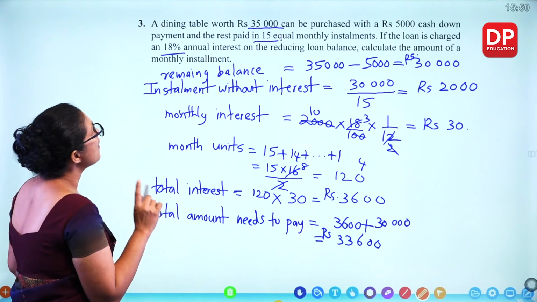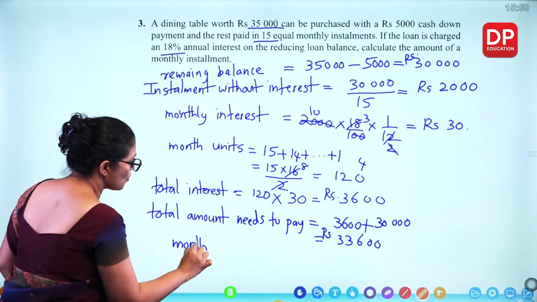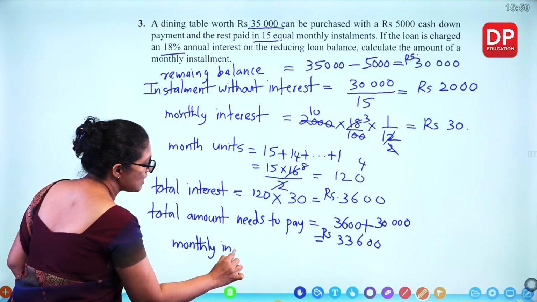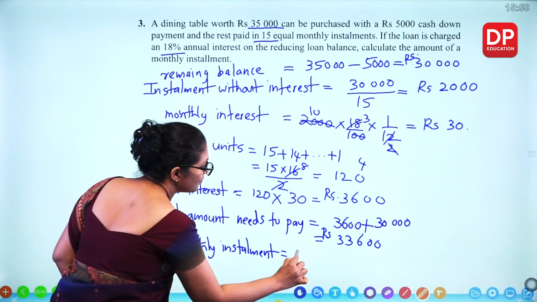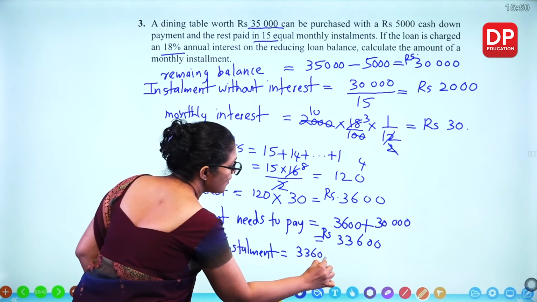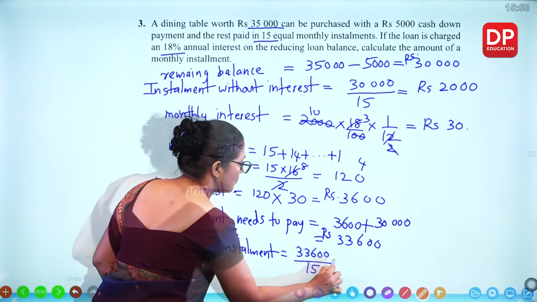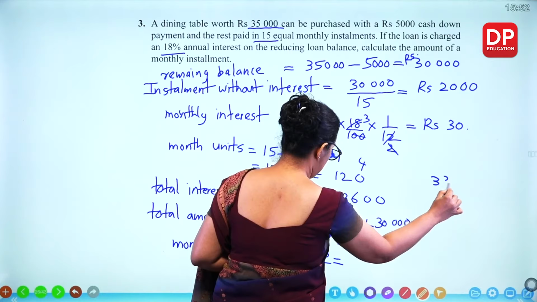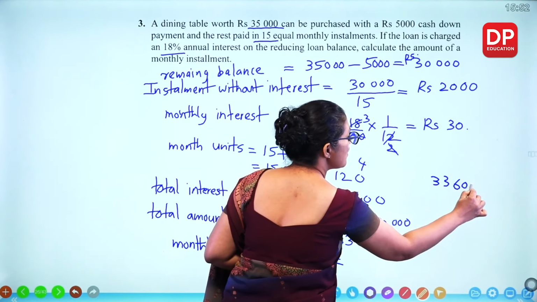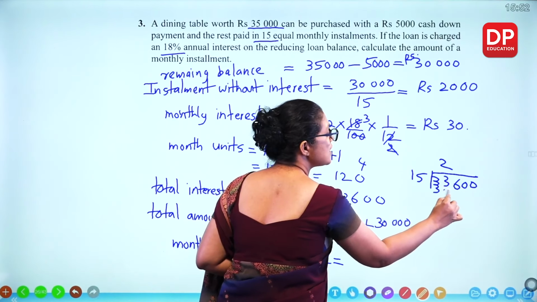So what's the monthly installment? 33,600, you have to divide by 15. 15 times 2, 30.